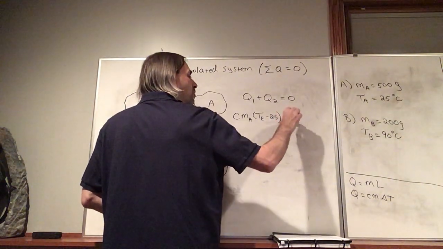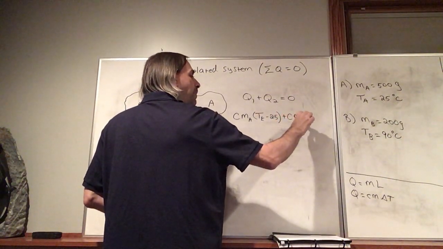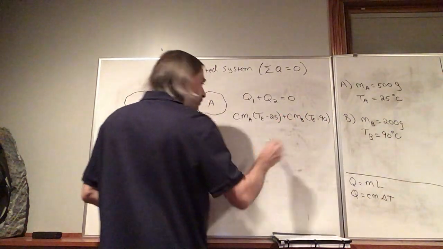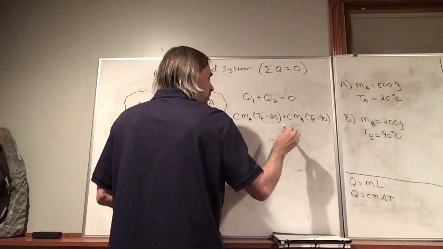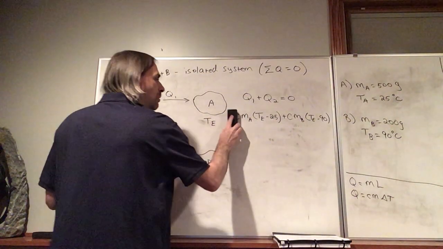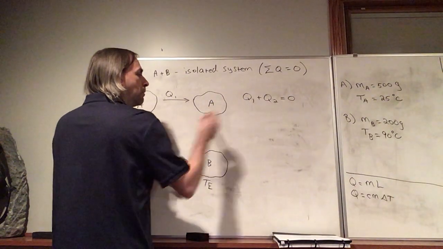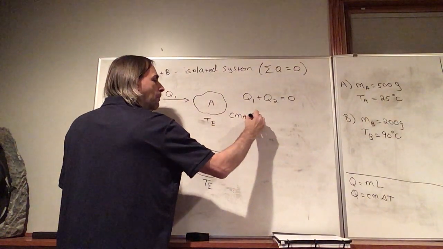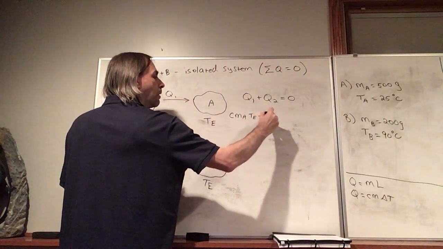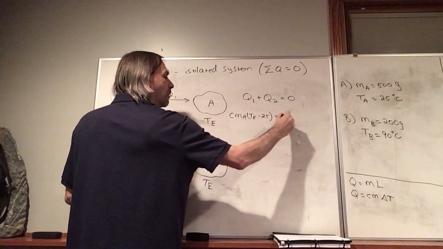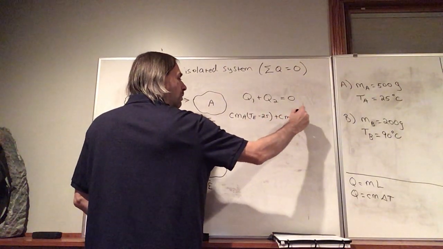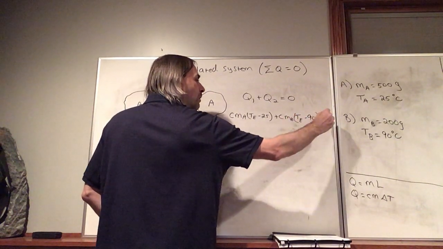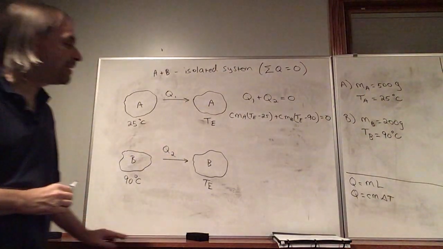And then for Q2, we have C M B times T E minus 90, and that equals 0. So just write that with a little more room.